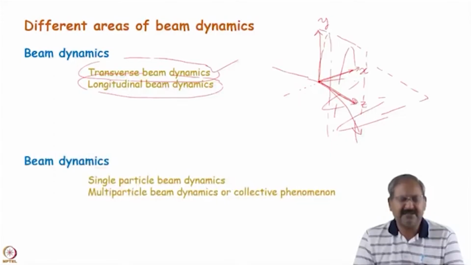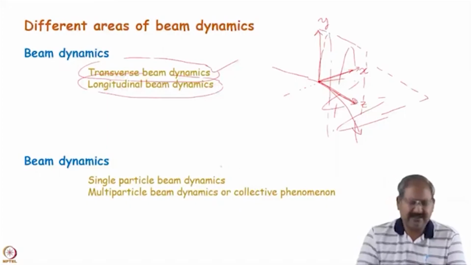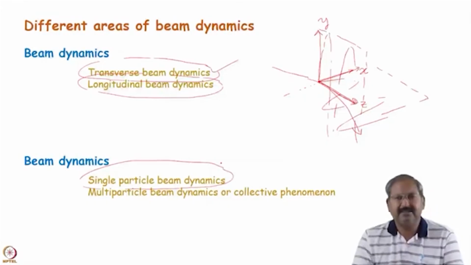Some other classification of beam dynamics can also be there, when we talk about single particle beam dynamics. Single particle beam dynamics means we are talking about trajectories of a single particle, or how the coordinates in 6 dimensions evolve, meaning x, x prime, y, y prime are the transverse coordinates, and the other two variables will form the longitudinal coordinates.